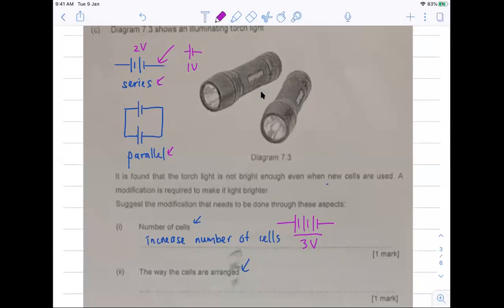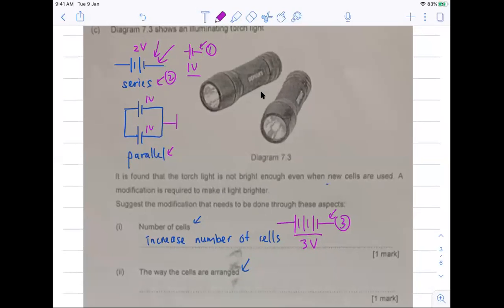So series is better. The reason is because we want a greater voltage, right? So just now we have seen that if we stack the battery in series like this, like 1 battery, 2 battery, and 3 battery, the voltage will also increase. But for parallel, right? So let's say the battery is still 1 volt. It's 1 volt battery, 1 volt battery.